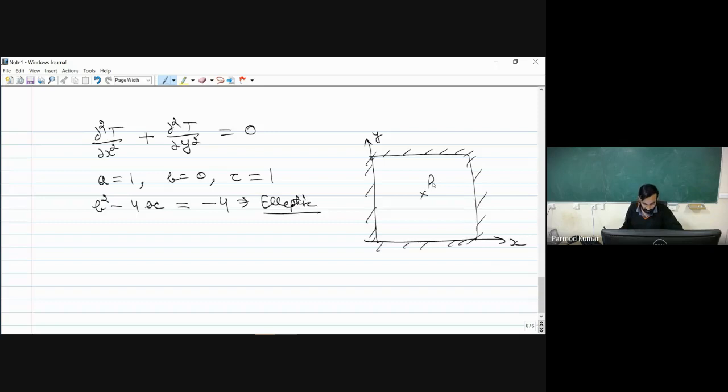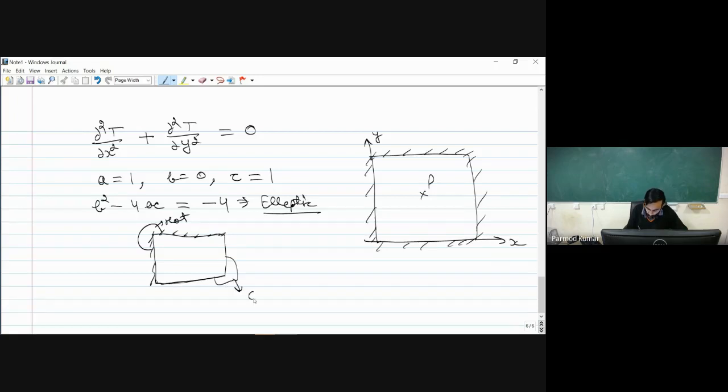Now, one important point I would like to highlight with reference to elliptic equations. Say I consider that in my domain, I have maintained these two boundaries as very hot, and the other two boundaries are very cold.